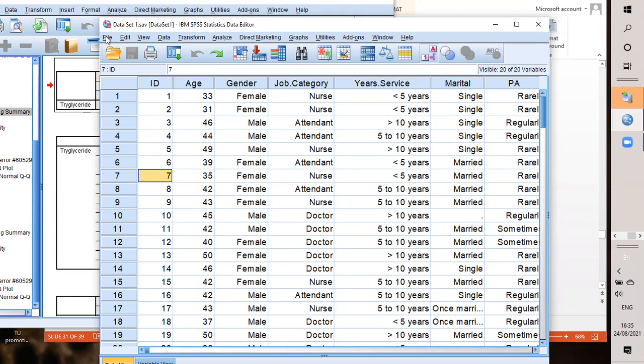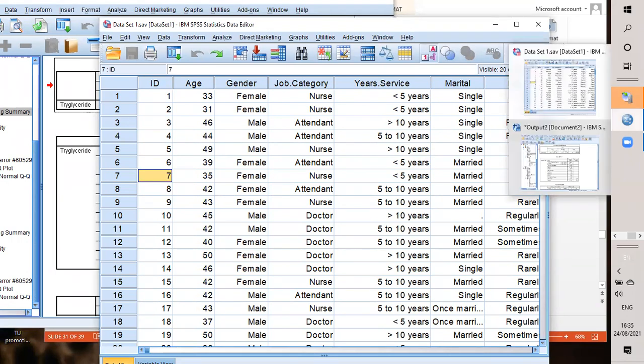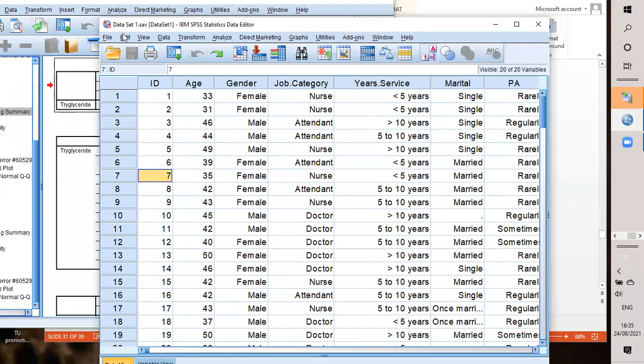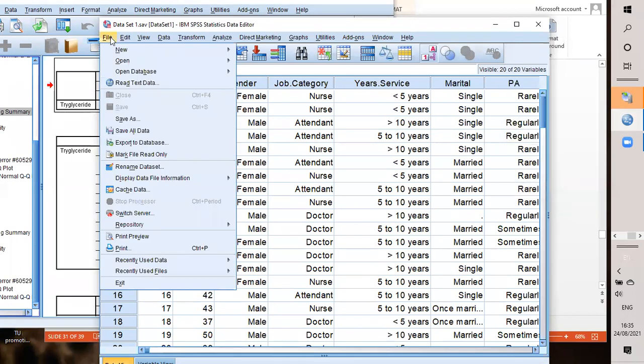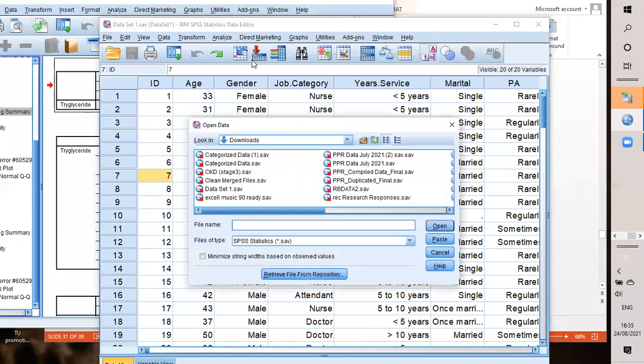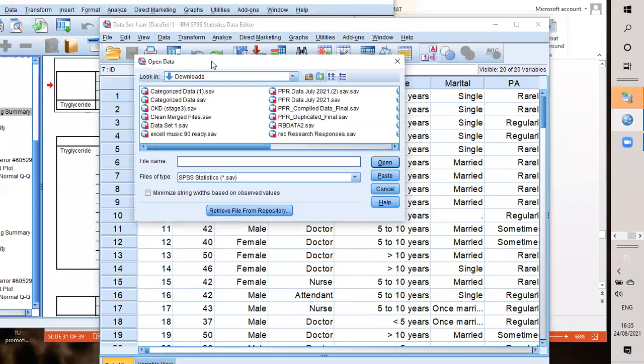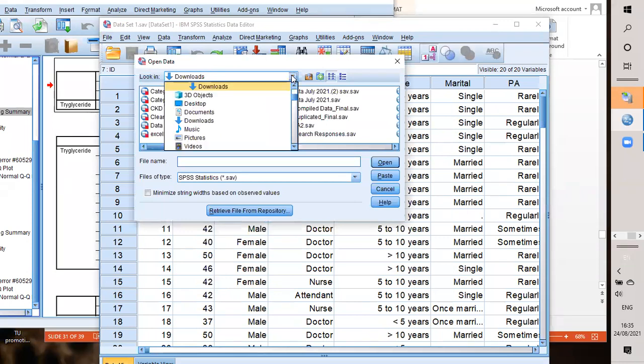We basically open it remotely right now. The data I sent you, data set 1, can you put it on your desktop? Yes, it's on my desktop right now. So I go to File, Open, Data. Go to the location where you saved your file.